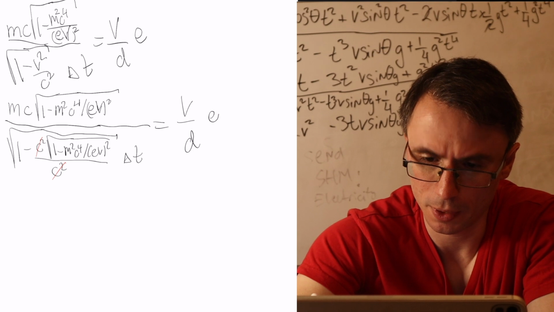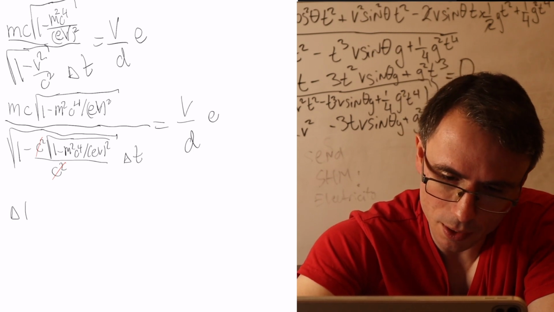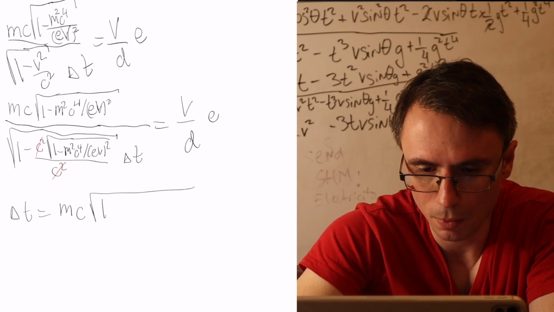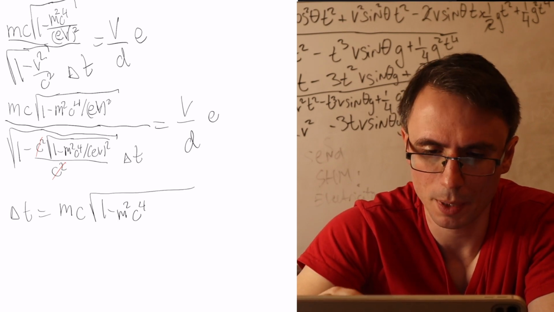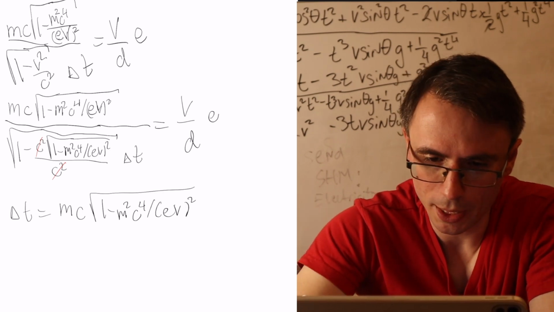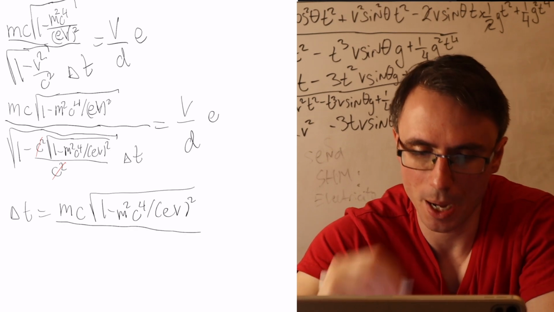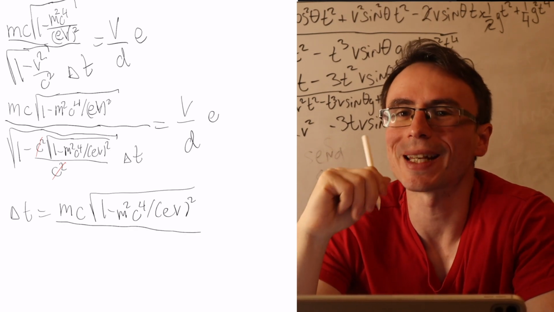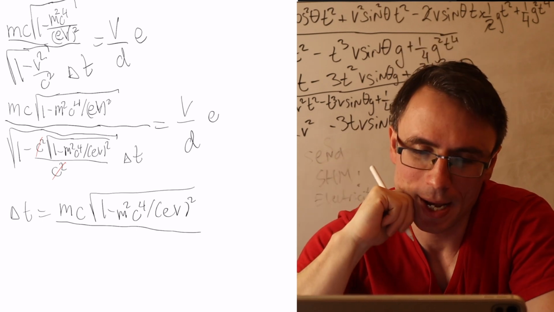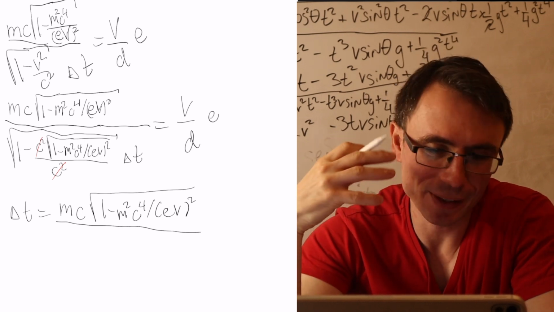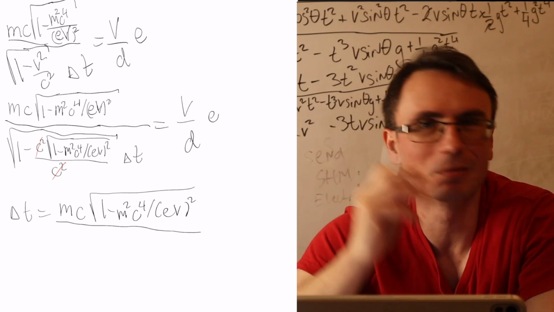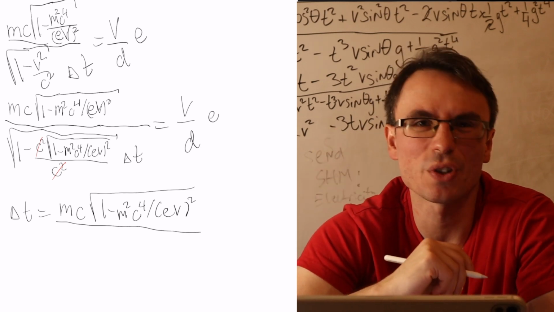Now, let's rearrange for delta t. So delta t is going to be equal to all of this: mc, 1 minus m squared c to the power of 4 over eV squared. Divide that by, it's really important to take the final bits of the Olympiad almost a little bit more slowly, because it's just so easy to make a mistake after you've been doing a question for a while, and a little rearranging mistake here and there can cost you quite a lot of marks.